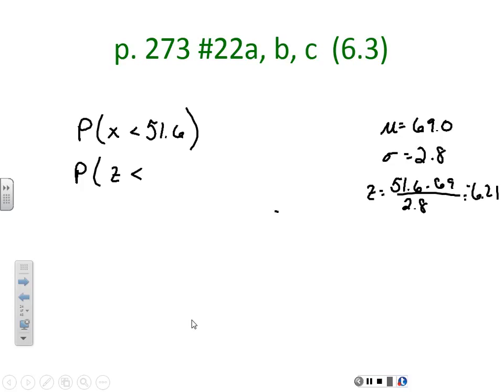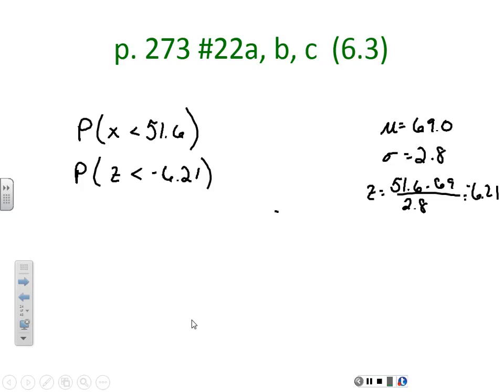So I've got everybody getting that negative 6.21 now. If I want the probability that z is less than negative 6.21, what does it tell us from the tables? It's not 0.0001, because this is saying less than negative 6.21.